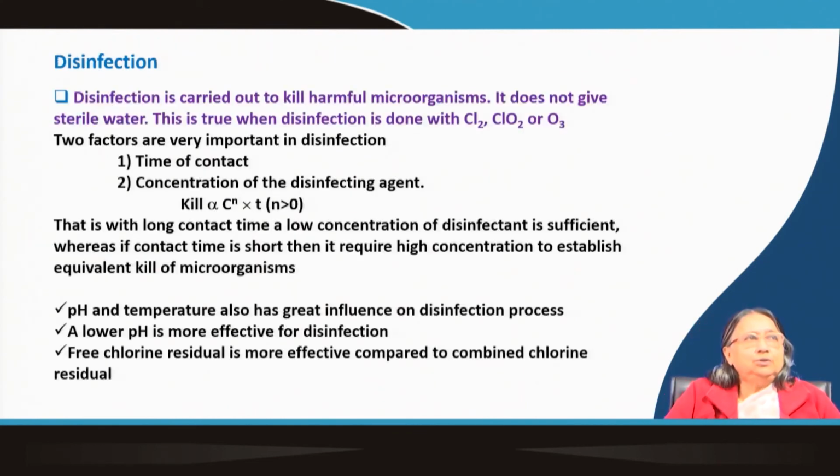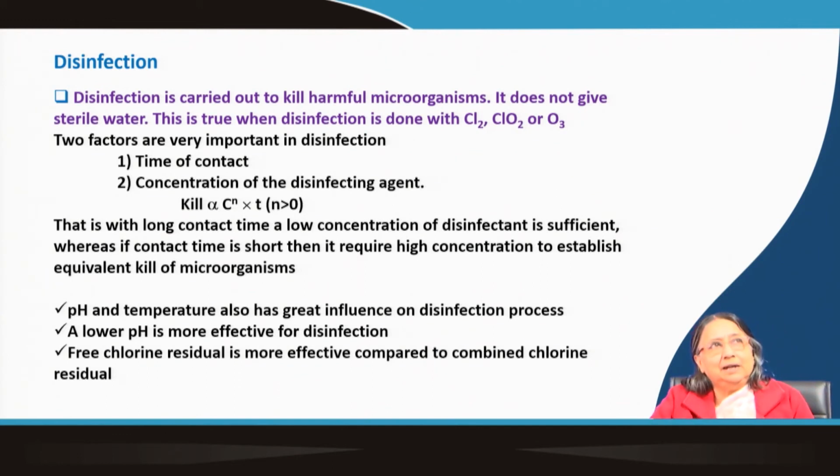Now, disinfection: two things are important. One is how much disinfectant I am using and how much time I am keeping. For example, I used to go to restaurants a long time back with a Halogen bottle. They give me one glass of water.